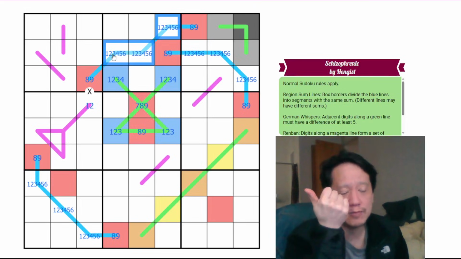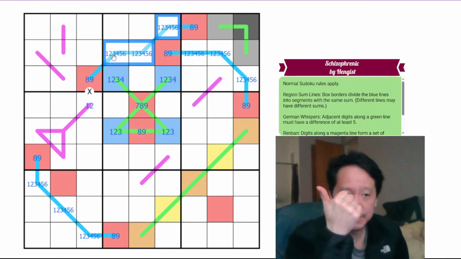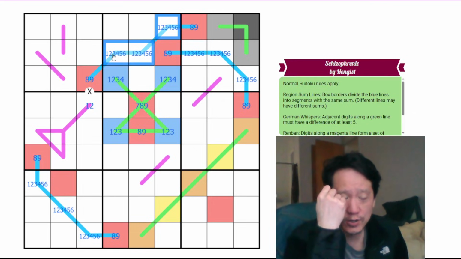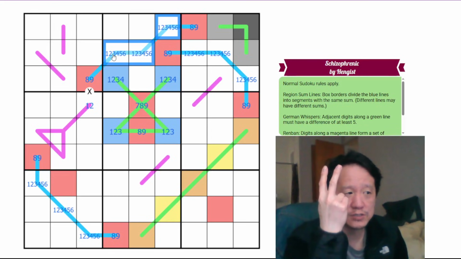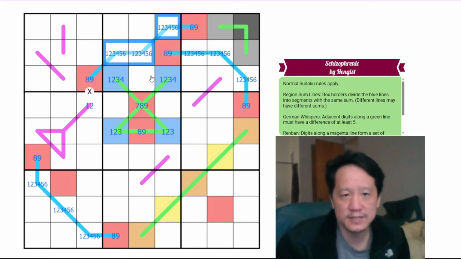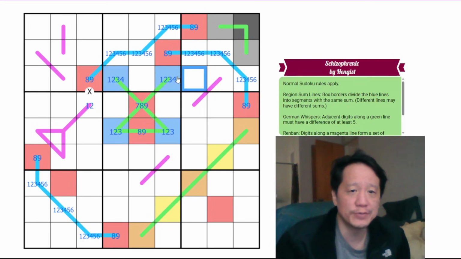But 8 can be 1, 2, 5 or 1, 3, 4, which contain 2 digits from 1 through 3. 9 can be 1, 2, 6, 1, 3, 5, or 2, 3, 4, also, which require 2 unique digits out of 1, 2, or 3 in that set. So we know there are 2 digits from 1, 2, or 3 here, and these are both low.